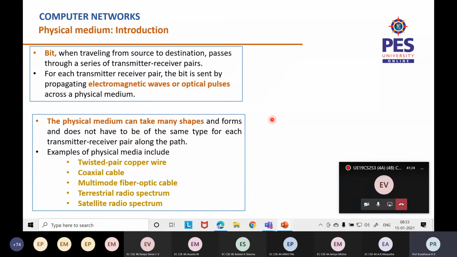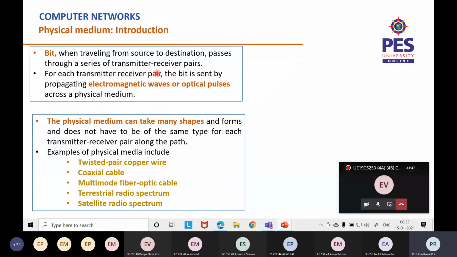So when data needs to be sent from a source to a destination, it usually travels in the form of a bit. When I say a bit, it usually denotes an electromagnetic wave or an optical pulse. Electromagnetic wave in the case of twisted pair or a coaxial cable.